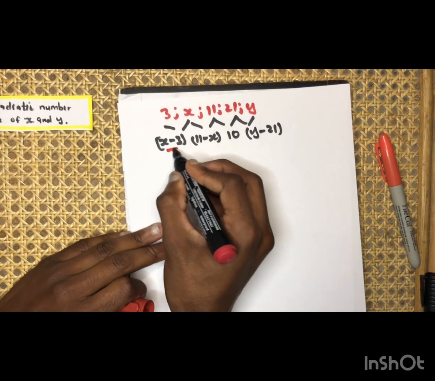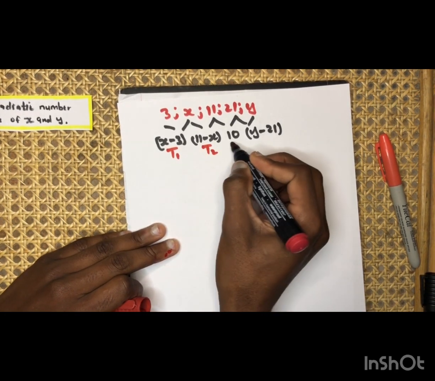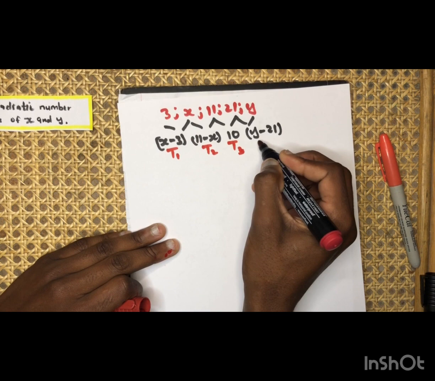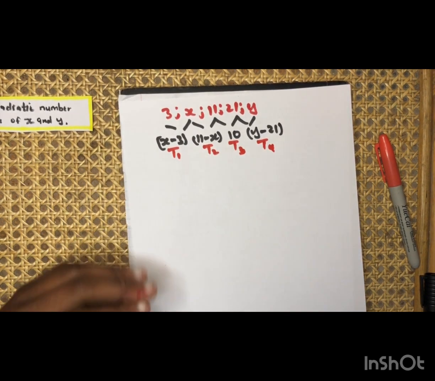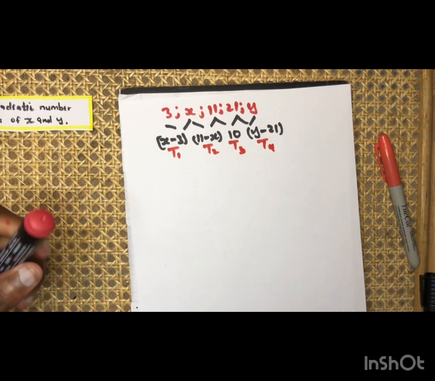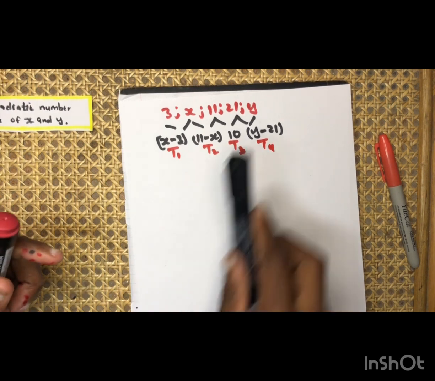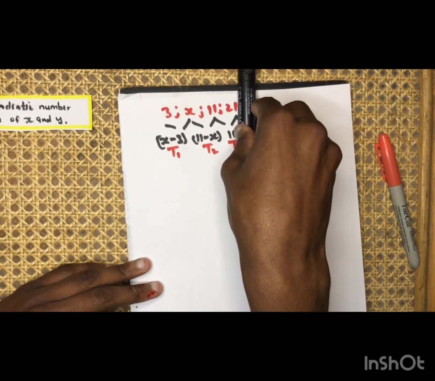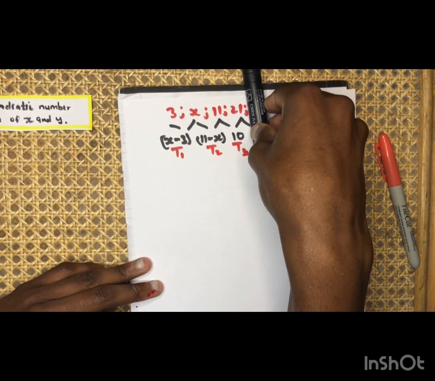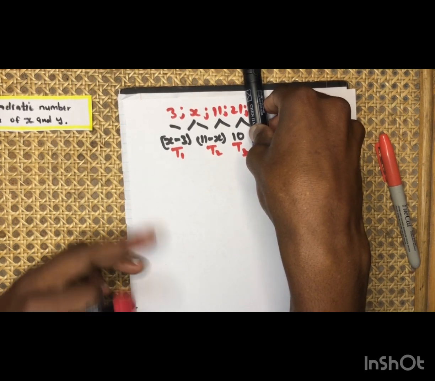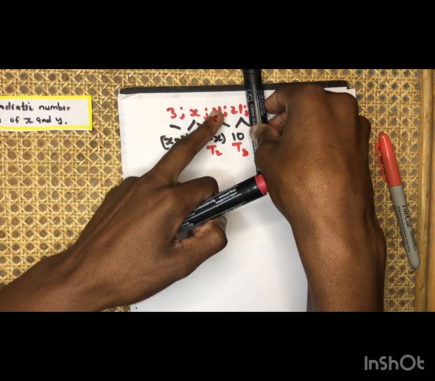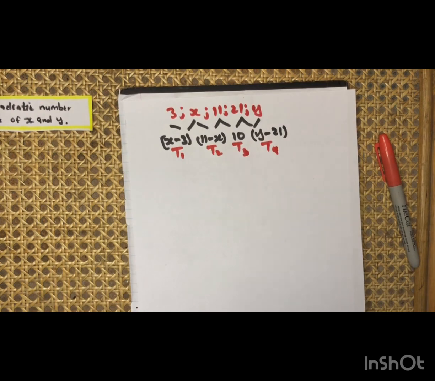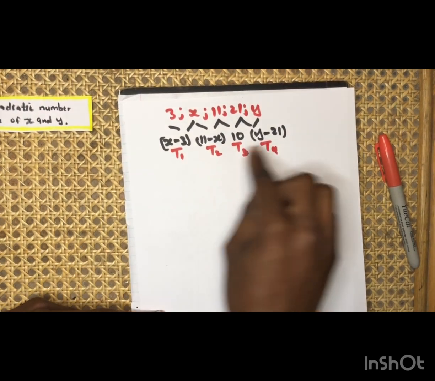This is t4. Remember, in the previous questions that we did, we only had 4 terms: 1, 2, 3, 4. Now we have 5 terms. That's why we have t4 here in the first difference.